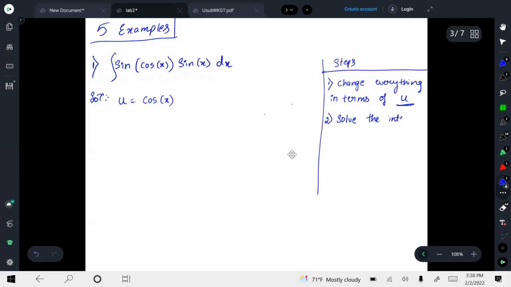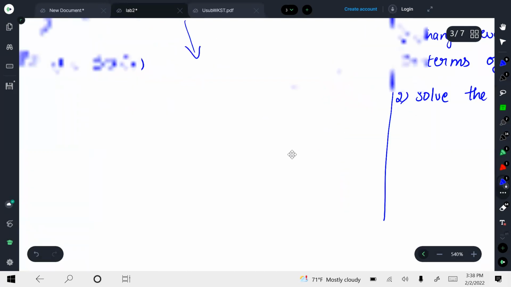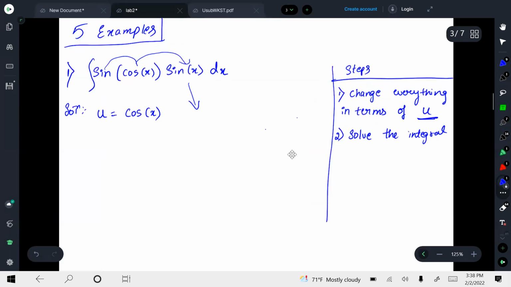Now, why can't I solve the integral directly? That's because you have a composite function, right? You have the trigonometric function and it is composite. If you have something like sine of x, you can always solve this. This will be minus cos of x plus C, right?